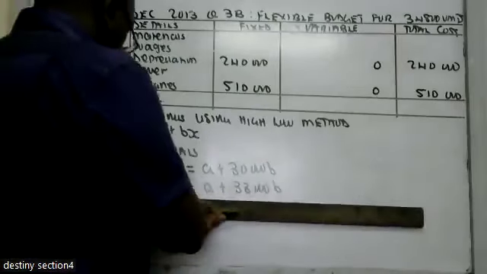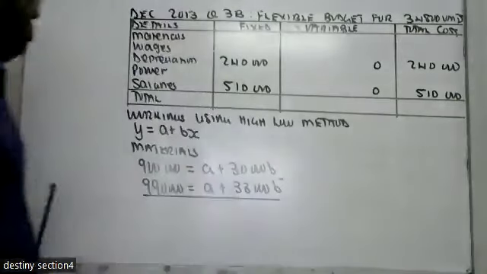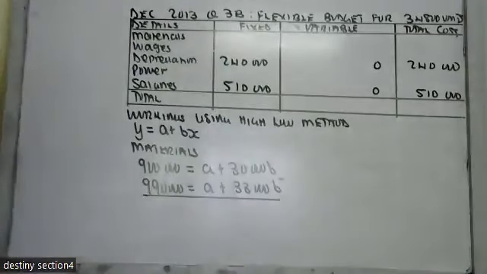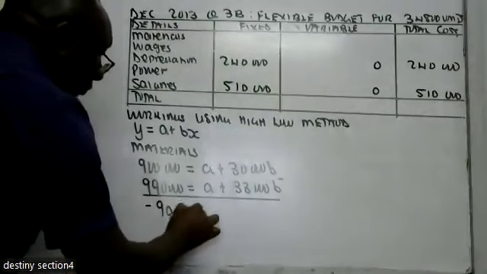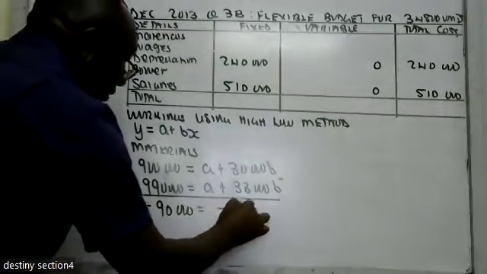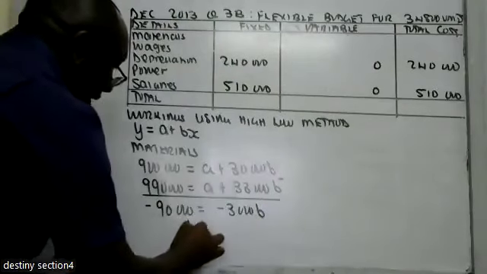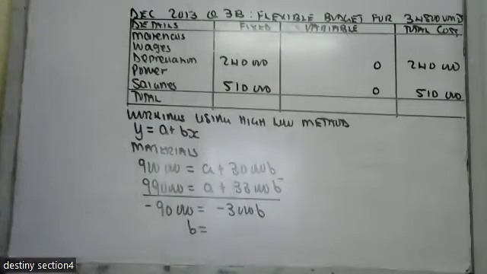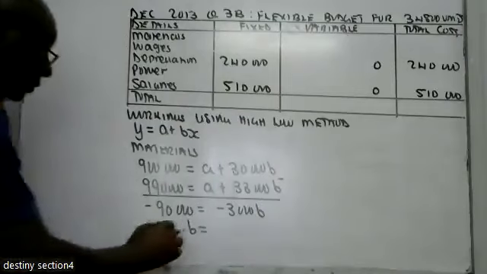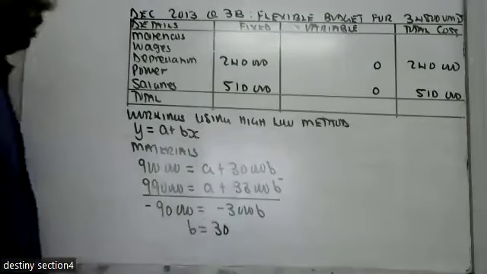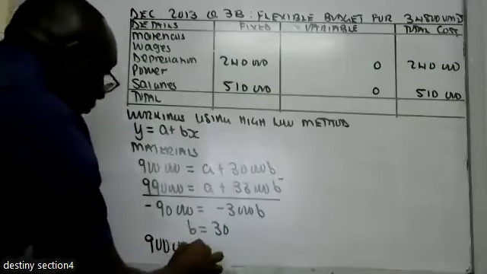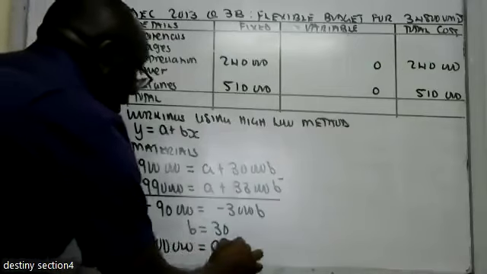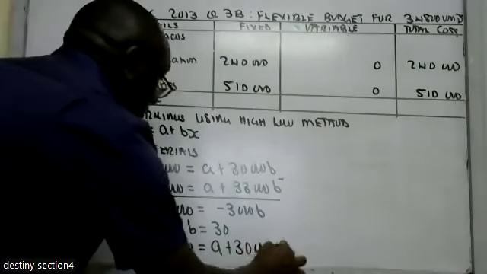Then nakuja hapa nasema minus. So when you minus, this becomes negative 90,000 na hii inakuwa negative 3,000 b. So from there, tell me b is what? So that is per unit, 30. Sasa ukuja hapa useme 900,000 is equals to a plus 30,000 times 30.